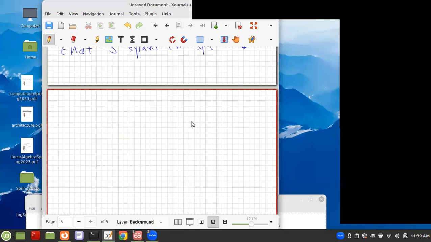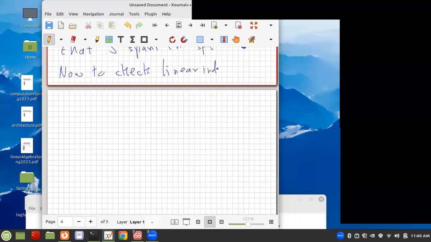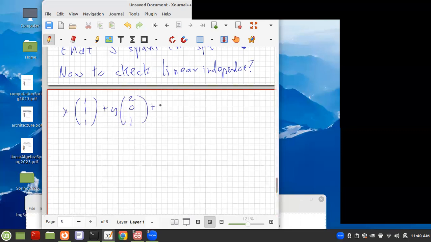Okay, now, to be a basis, we'd have to check linear independence. Well, what that means is we take a linear combination, let's say x times (1, 1, 1) plus y plus z, and we say suppose this equals (0, 0, 0), right? This is the test.